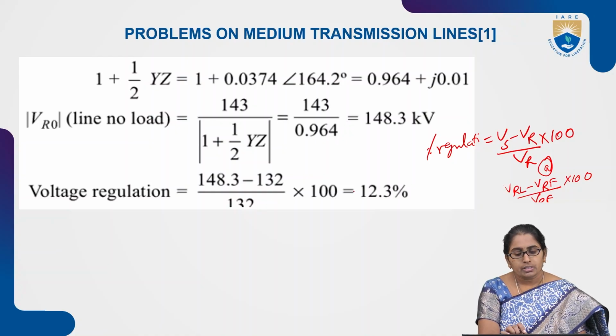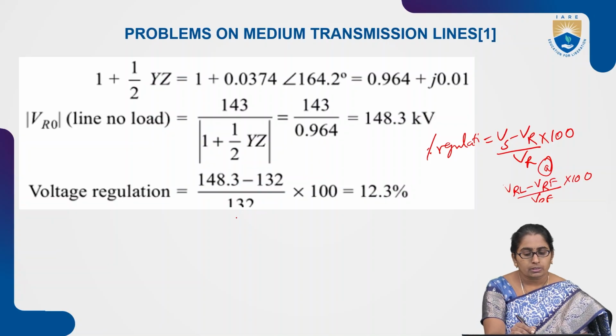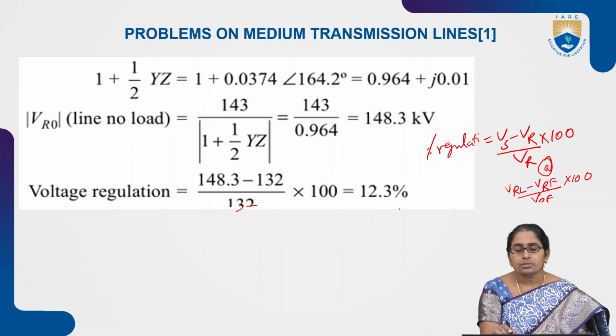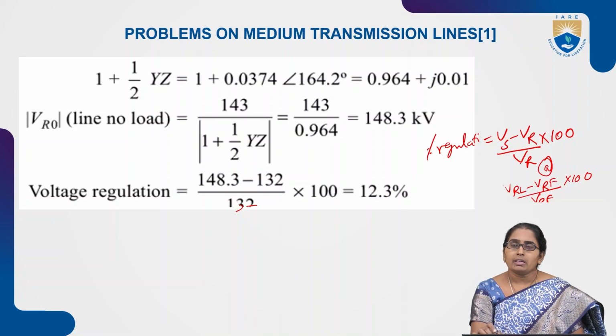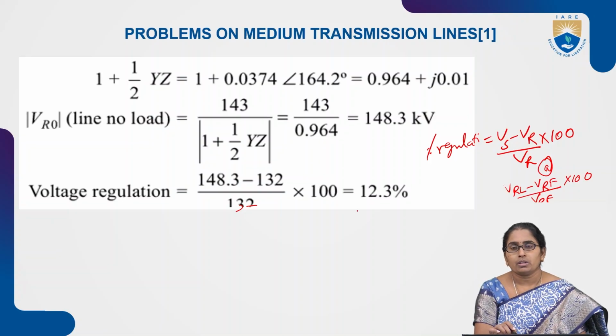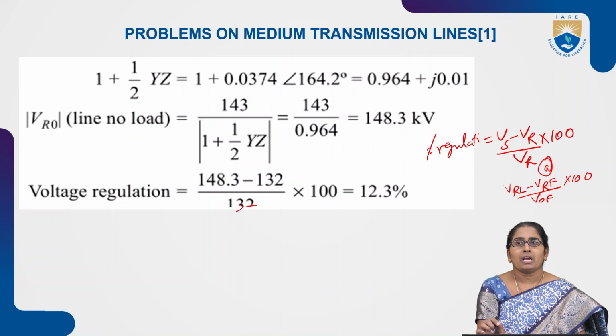With 132 it is obtained as 12.3. So this method also gives almost the same answer, there is no much difference actually. As I said, this is the exact formula for regulation in case of a transmission line.